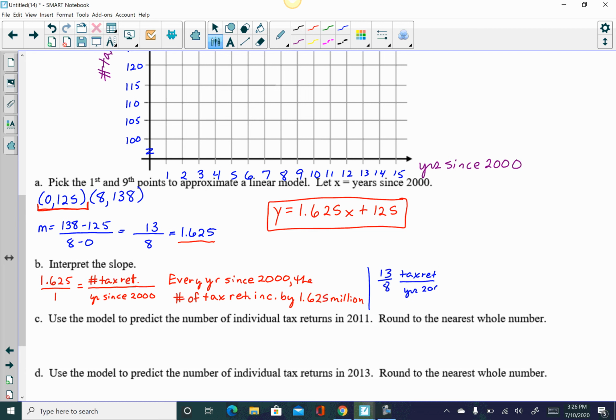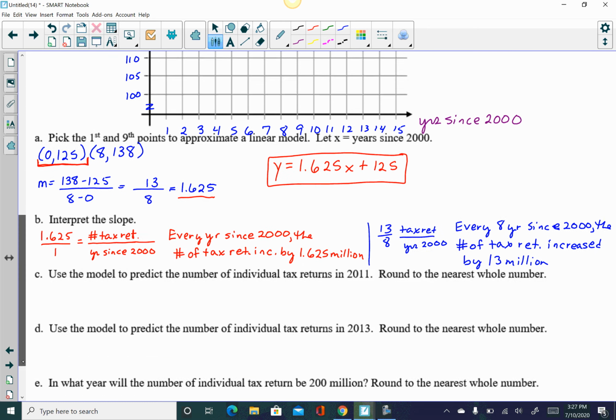This one is now every 8 years since 2000, the number of tax returns increased by 13 million. You could write the word million behind it, or you can put all the zeros behind it if you like. Either one of those is perfectly legitimate to use.